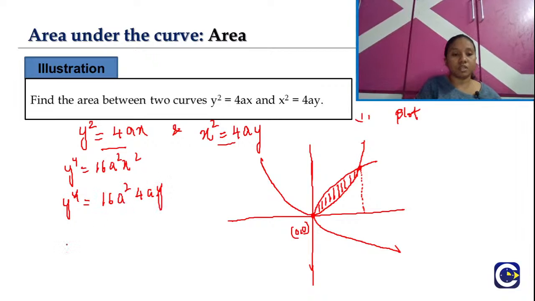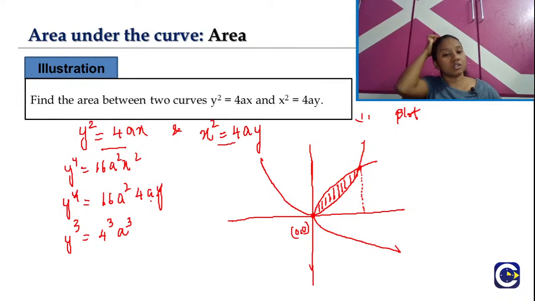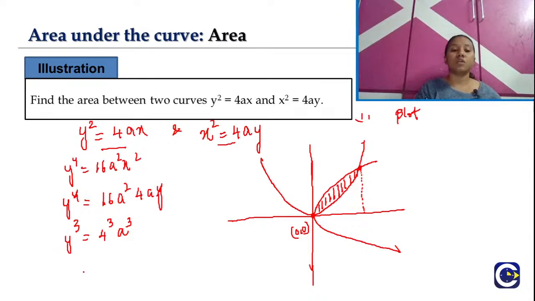So it will be y cube, and it will be 4 cube and a cube. Right, so 16 into 4 is 64, which can be represented as 4 cube, and a square into a is a cube. So here we have y cube equal to 4 cube a cube. So y will be equal to 4a. Right, so y here is 4a.